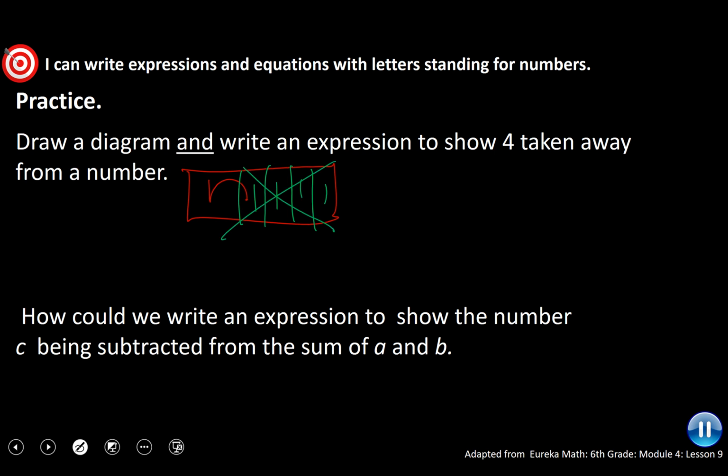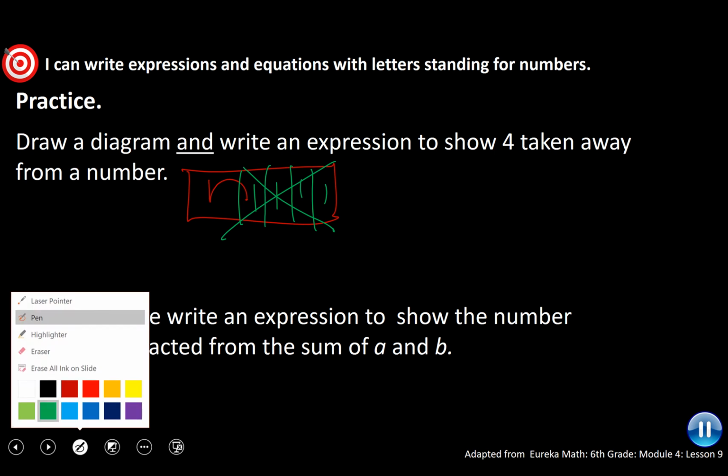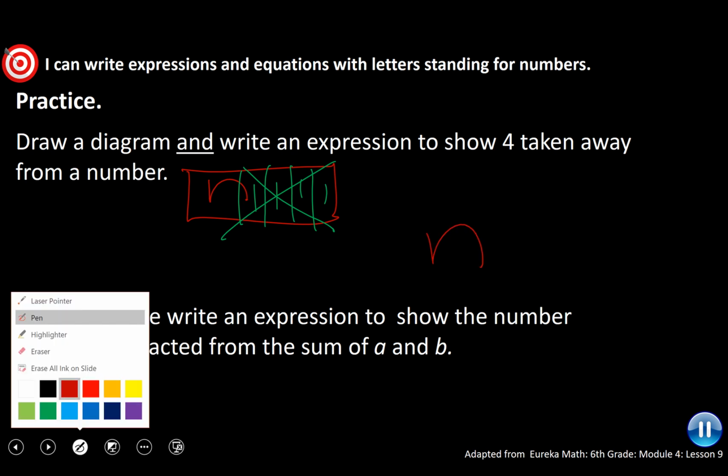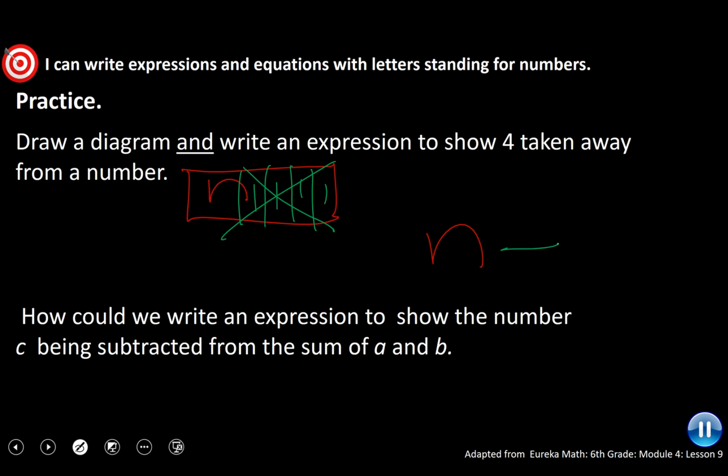That's all getting taken away. And then I need to write an expression. So we have our n, and we're taking 4 away from that n. So we're subtracting 4. So that would be our expression for that one.